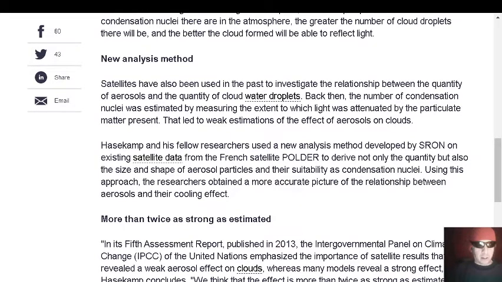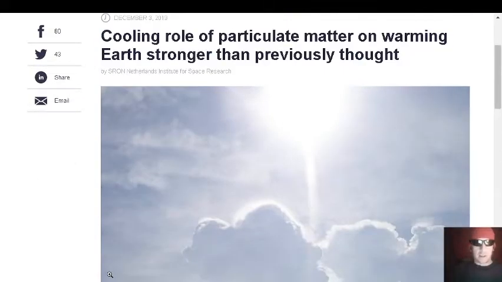They figured out a way to slip global warming into this article too. So the article is about how the role of particulate matter on warming is stronger than previously thought, right? Now, we see volcanoes emitting lots of particulate matter, and we saw at least 3, some people say 5, stratospheric volcanic injections throughout the year 2019. And it's only December 4th.